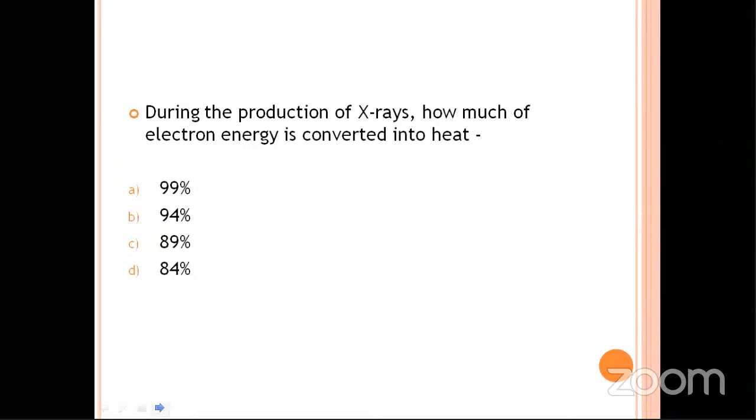So that is why we take so much effort to dissipate the heat, and also to make the machine work properly. We give a lot of importance to the heat dissipation process, since only 1% of the total energy is converted into X-rays.